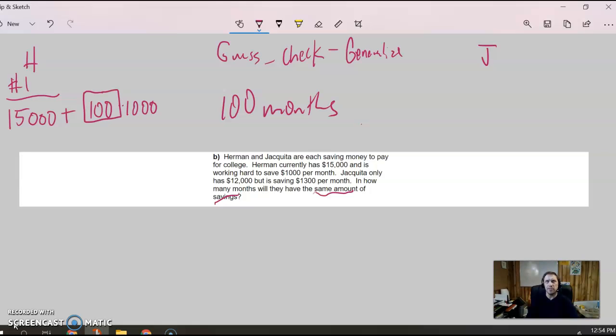Well, 1,000 times 100 would be 5 zeros. That's $100,000 plus the $15,000 that he already had for a total of $115,000. Not bad, if you can save $1,000 for 100 months. Whew. All right.